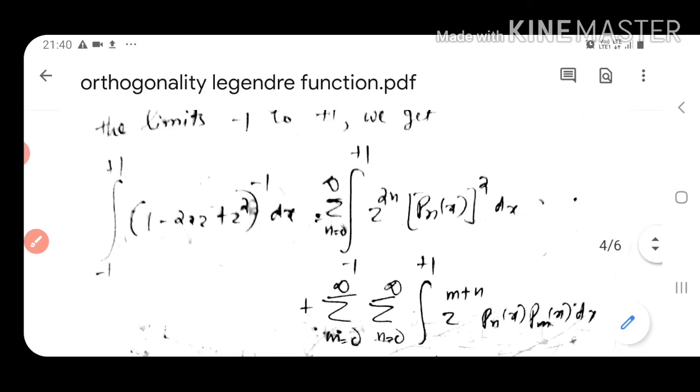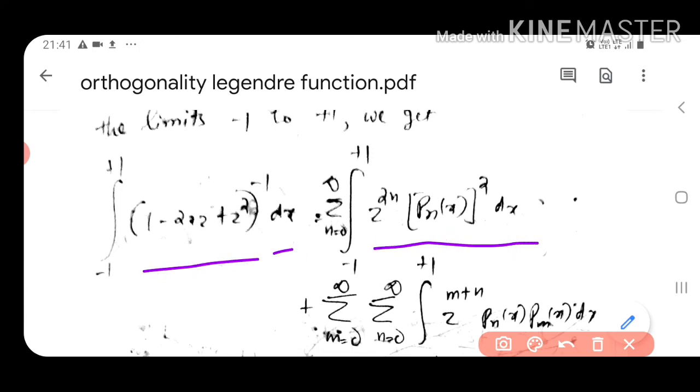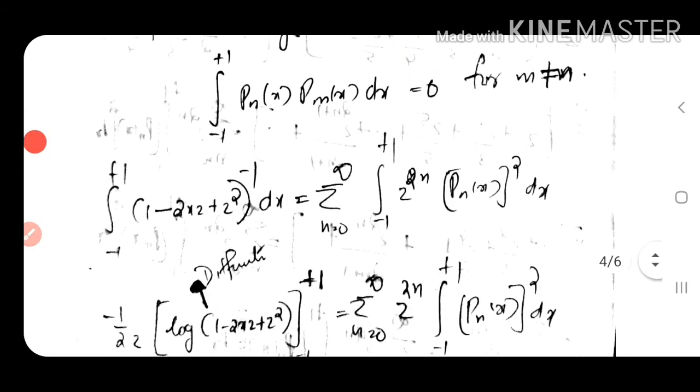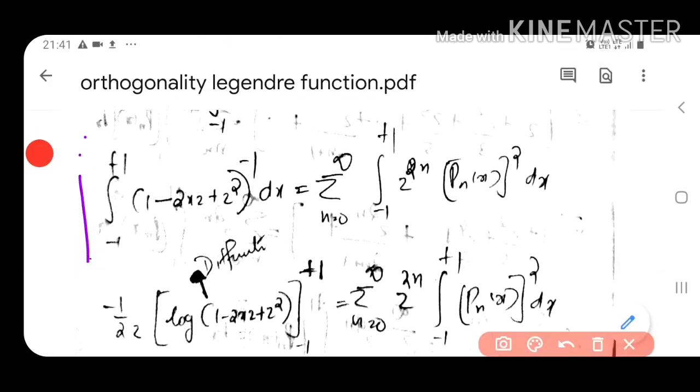So we need to consider this term only. This is 0 because of the orthogonality relation, so we are left with this integral.